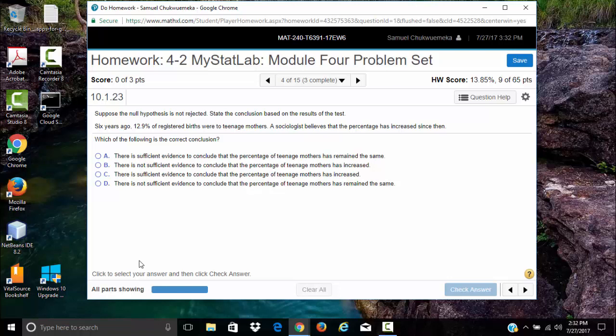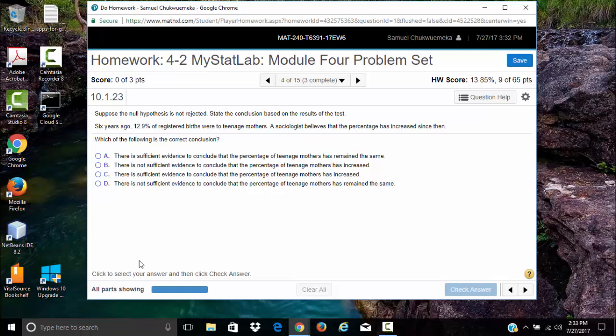If your decision was to fail to reject the null hypothesis, then your conclusion would be there is insufficient evidence to support the rejection of the null hypothesis. I want you to keep this in mind.